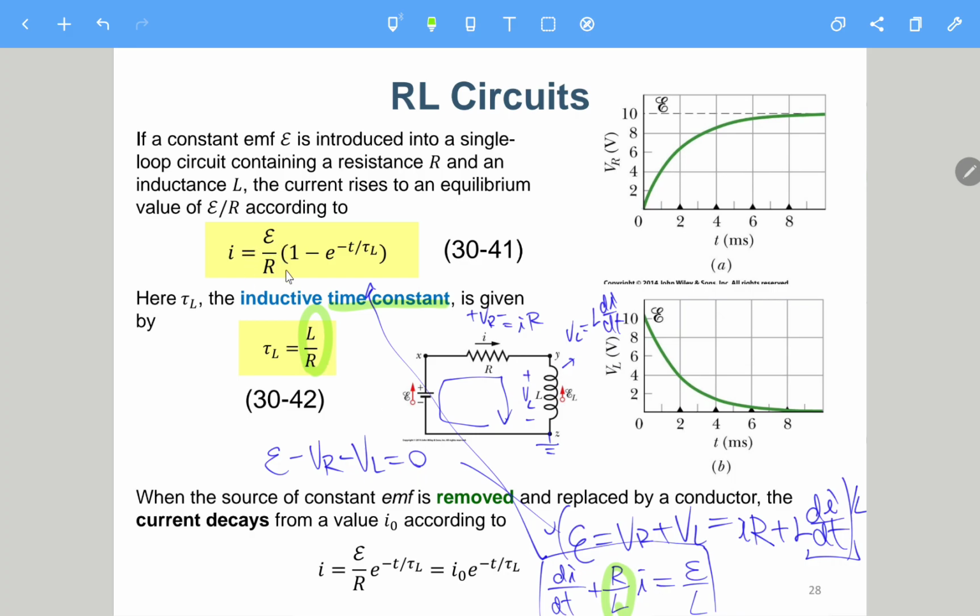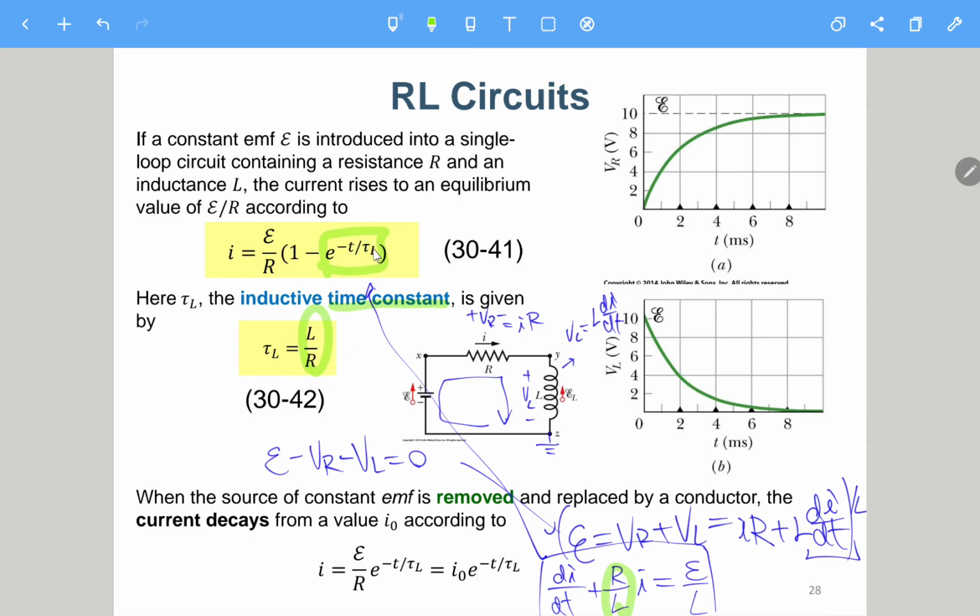And then we have E over R times 1 minus an exponential function. And then we assume that we just start from t equals 0. We don't consider the negative time, so t is a positive value. Tau L is this one, L over R, still a positive value.